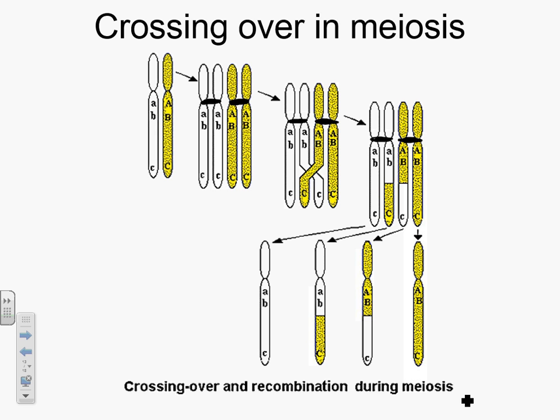So what we have to start with is a pair of chromosomes carrying 3 genes, A, B, and C. It so happens that the white copy, it could be maternal or paternal, doesn't matter, is carrying lowercase copies of those genes, and the yellow copy is carrying uppercase copies of those genes, but they are still genes for the same characteristic.